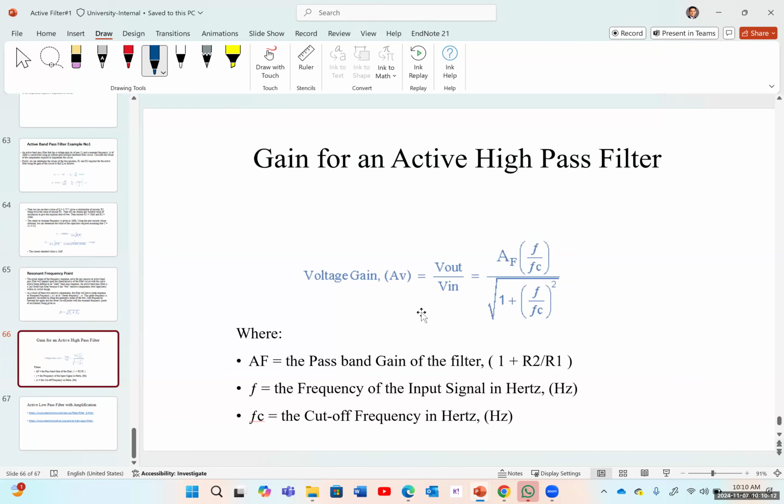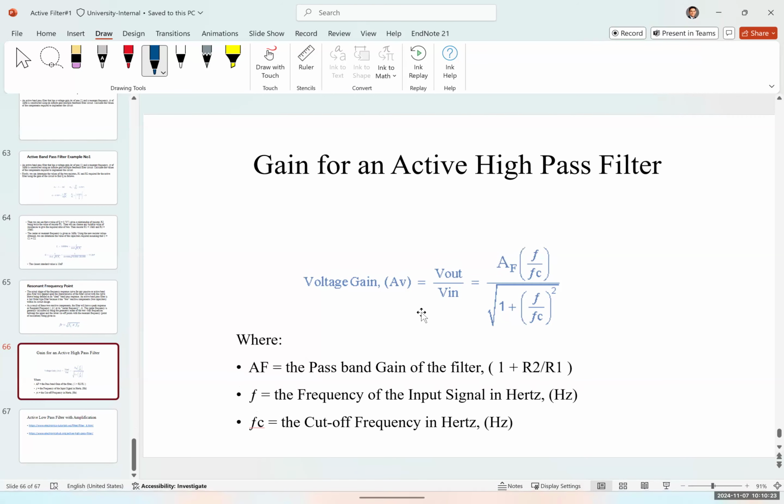AF, again, is the passband gain or the maximum gain of the filter. For a non-inverting filter, it's 1 plus R2 over R1. For an inverting filter, it's going to be equal to negative R2 over R1, depending what amplifier we use. F is the frequency of the input signal in hertz, and FC is the cutoff frequency in hertz.